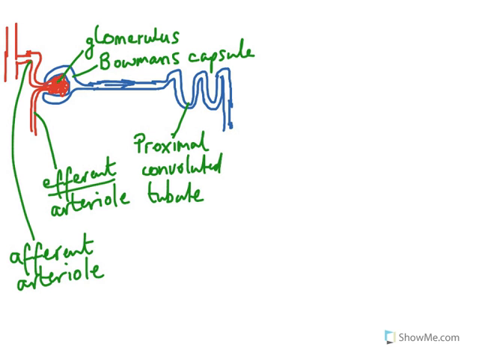So all of the glucose, all of the amino acids, are reabsorbed in the proximal convoluted tubule. So I'll just put that in there, that we have glucose, we have amino acids. They are all reabsorbed, so that's 100% of that.